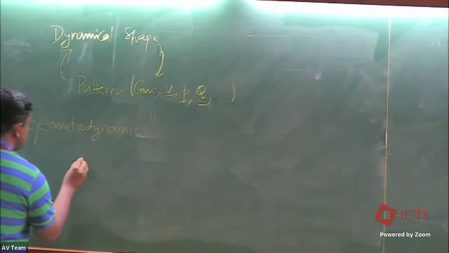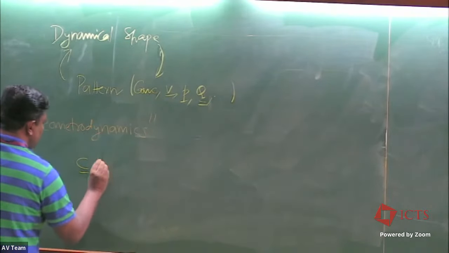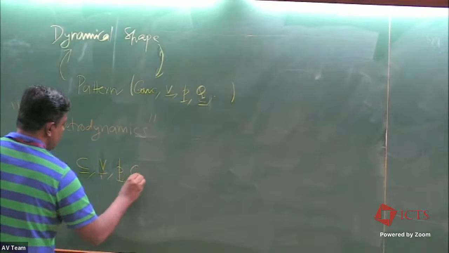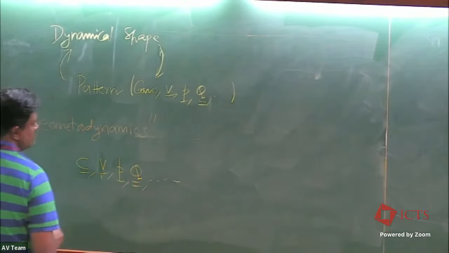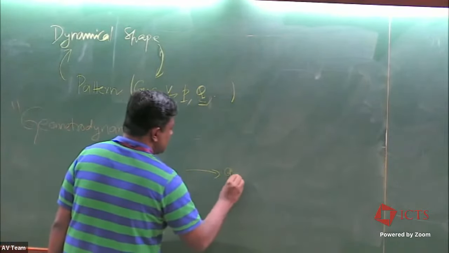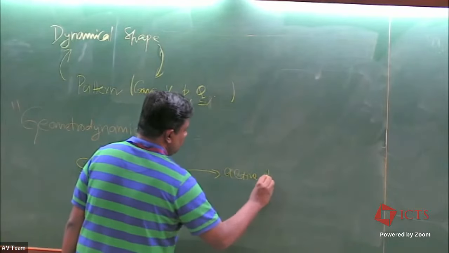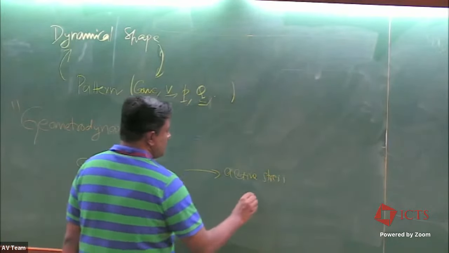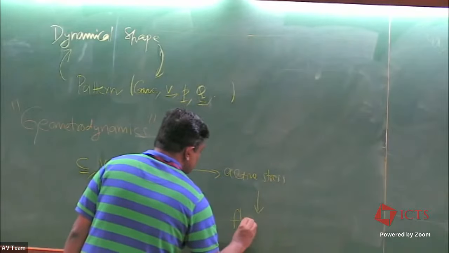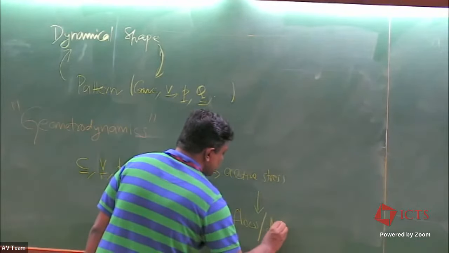Where fields like the concentration field, the velocity field, the polarity field, the orientation field, many other things, these enter active stresses. Active stresses generate flows and deformations.